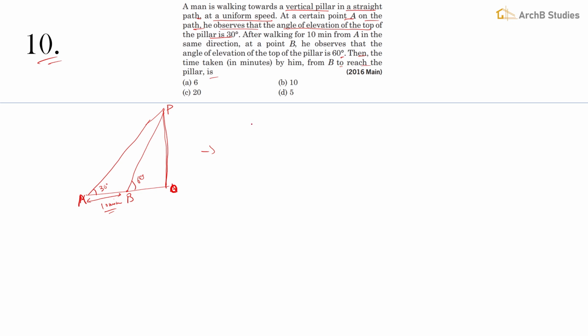So tan 30 degrees will be height of tower. Let's say it is H. This we will take as X and this we will take as Y. Tan 30 degrees will be H upon X plus Y, which is equal to 1 by root 3.